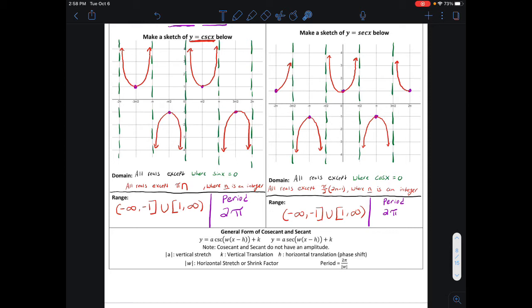Instead, we're going to let A be indicative of a vertical stretch or shrink. K is going to be our vertical translation, which would be the midline of sine or cosine. And then we have our horizontal stretch or shrink factor of W still. And we define a period from an equation: we would do 2 pi divided by that horizontal stretch or shrink factor of W.